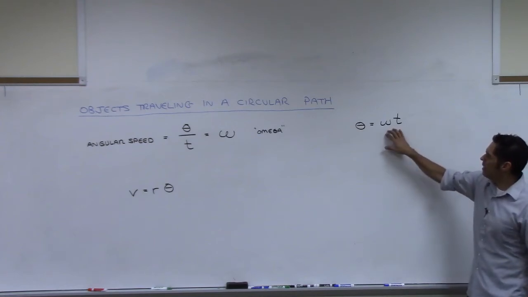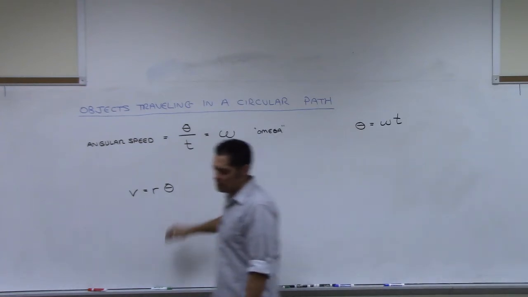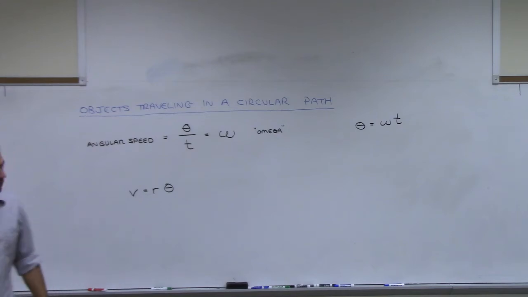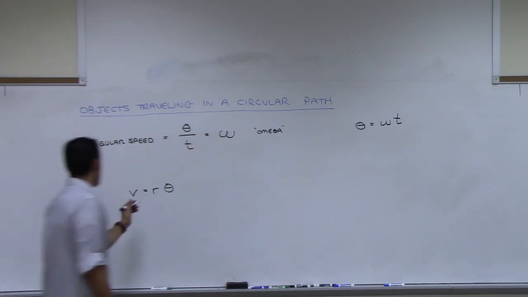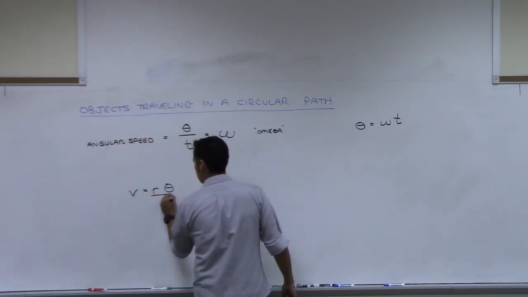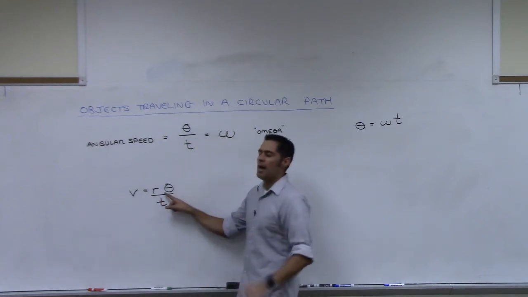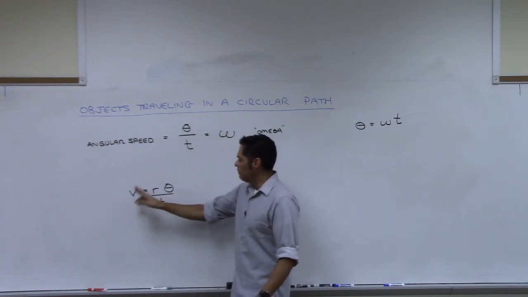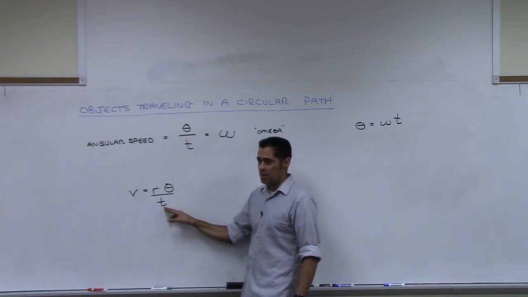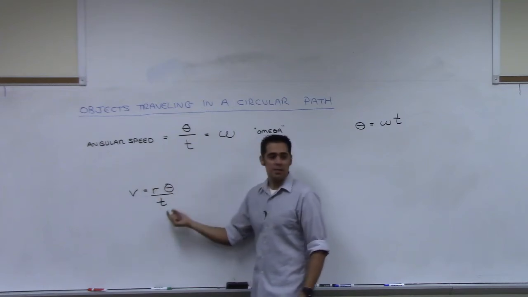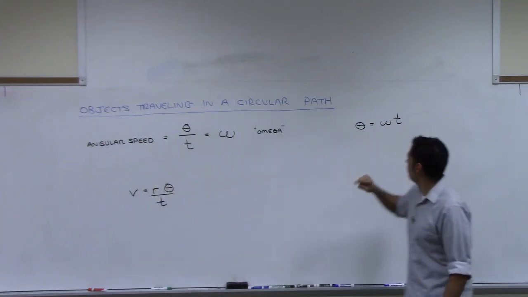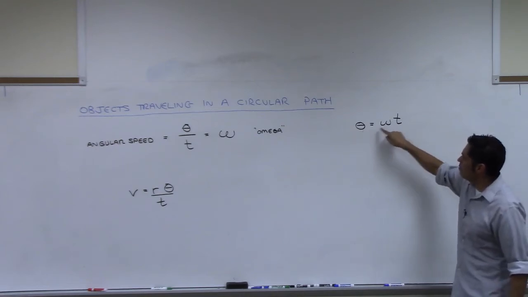Yes? Now come back into this formula and replace, oh wait, hold on, I forgot something on velocity. What did I forget? Divided by t. Oops. I gave you s. I was having a brain fart there. Velocity is s over t, so it's r times theta over t, yeah? Okay, now replace theta with omega t.